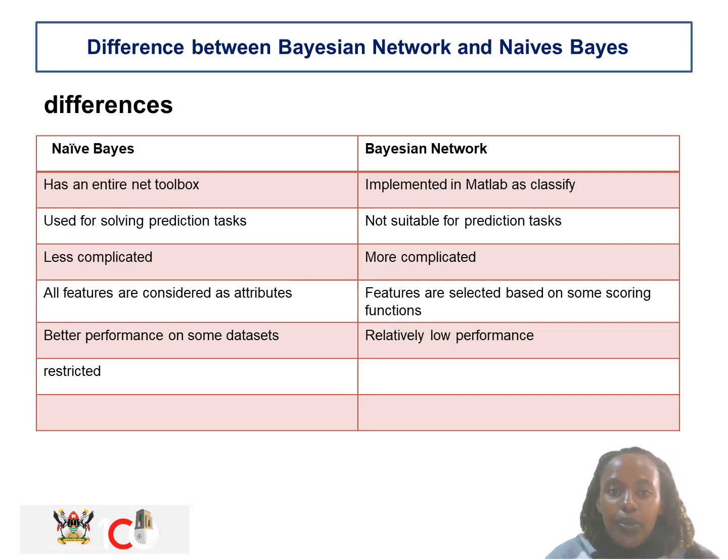It's used in solving prediction tasks, as we already talked about. It's less complicated. On data set performance, take an example where I have a data set of 15 attributes: it's easier to use than a Bayes network on large data sets, but the network has better performance on some data sets. It's less restricted.